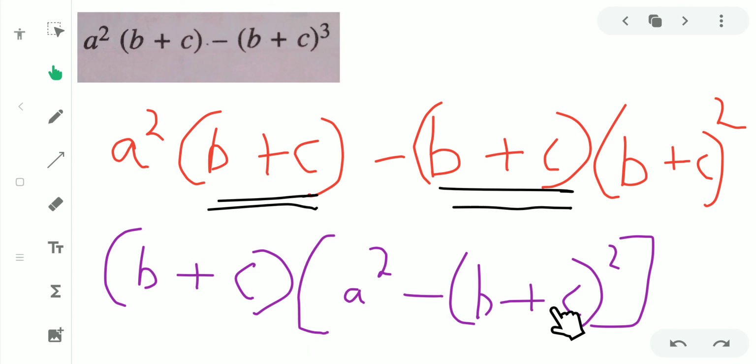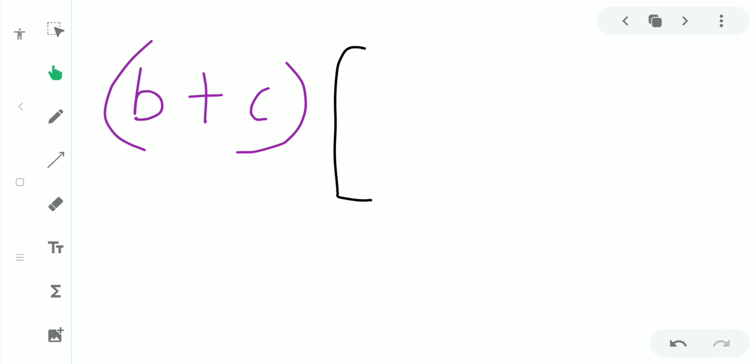So if we consider b plus c as b, we will have a square minus b square, which is a plus b times a minus b. That is the formula. So a plus b into a minus b, a plus b plus c. We are having a plus b plus c because a is a and b plus c is b.